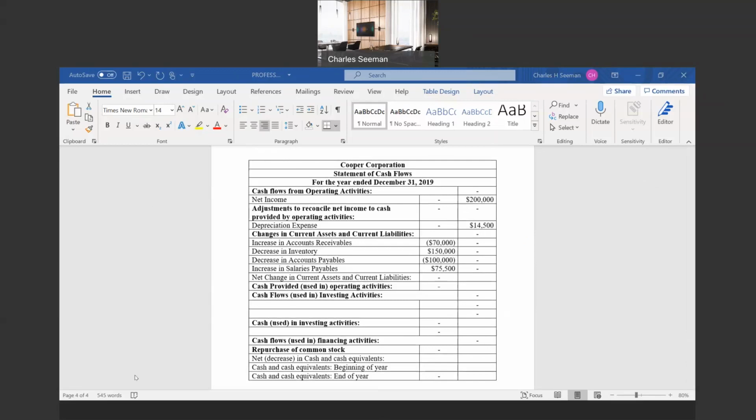So in case you can't see this, I have two negatives, 170,000. I'm sorry, I switched these around again.